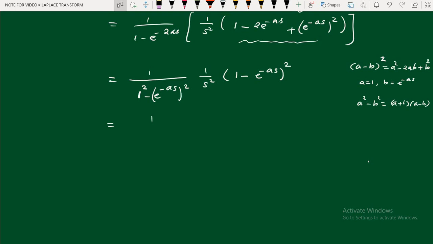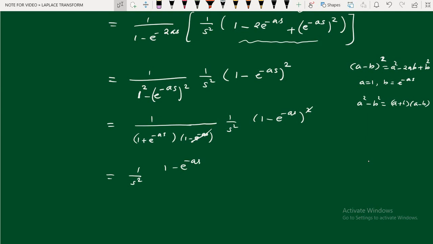Therefore this is 1 by 1 plus e power minus as into 1 minus e power minus as, of 1 by s square. Here 1 minus e power minus as whole square. Now cancel one power of 1 minus e power minus as. The remaining term is 1 by s square, 1 minus e power minus as divided by 1 plus e power minus as.